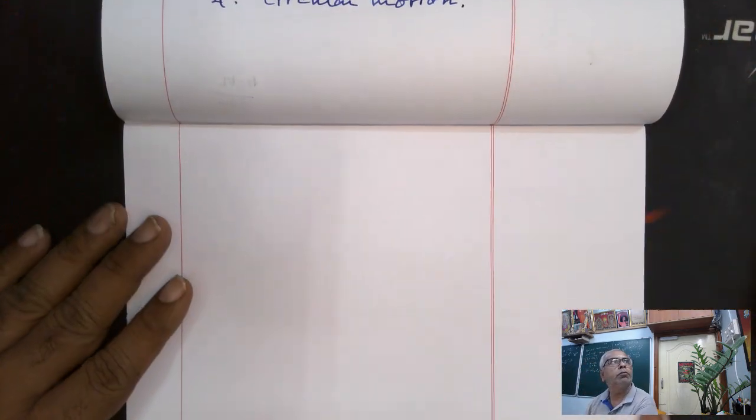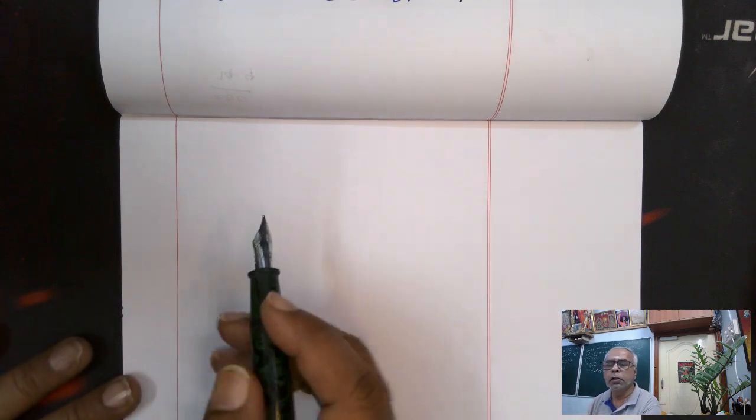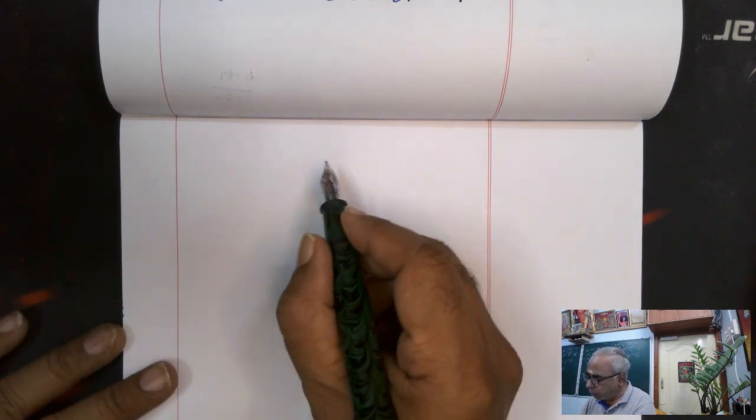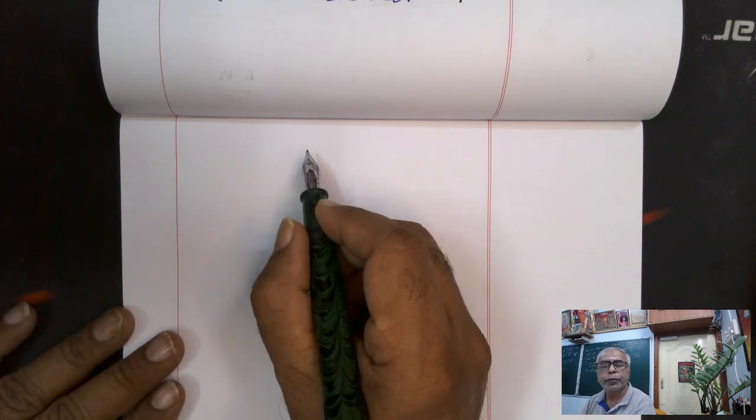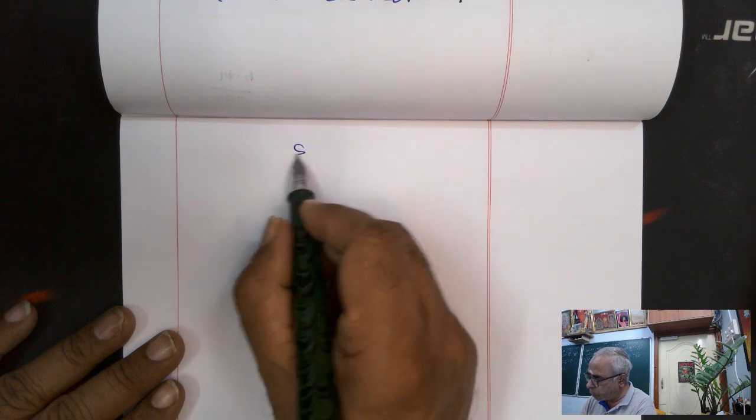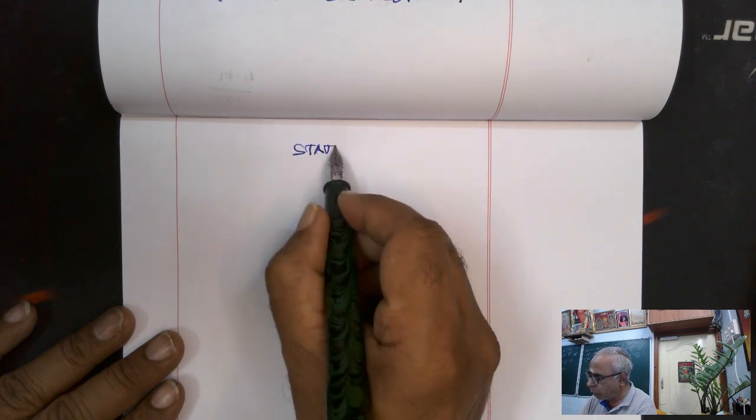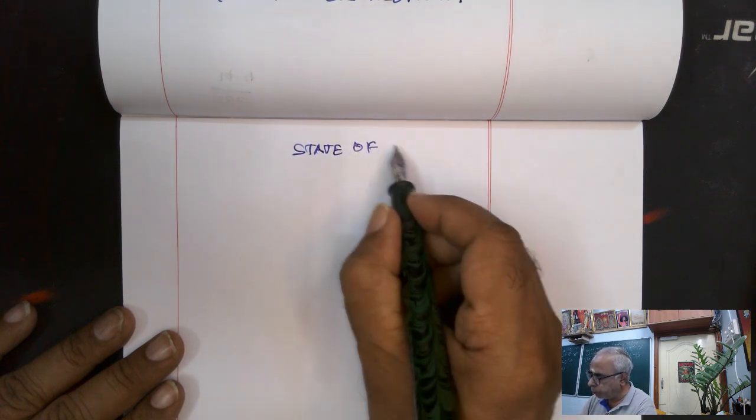Now, let me have the overall mind map of this chapter. State of a body.